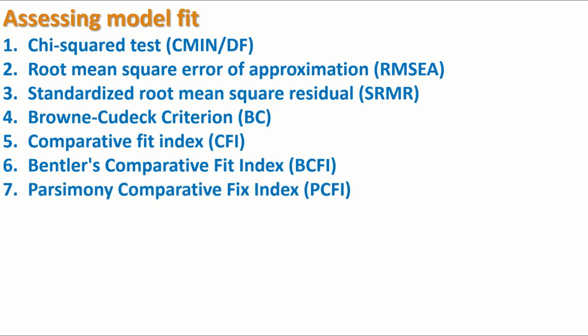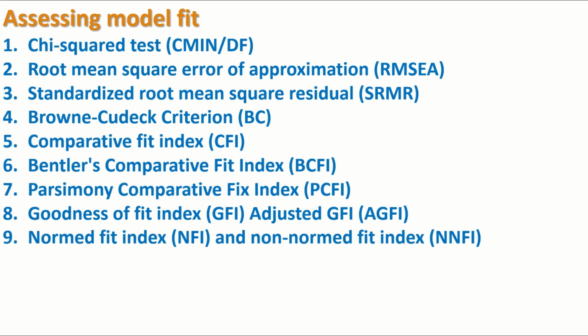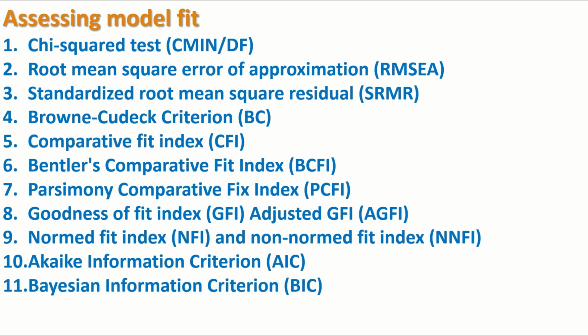And the seventh is the parsimony comparative fit index. The eighth is the goodness of fit index, GFI, and adjusted GFI. The ninth is the normed fit index, NFI, and non-normed fit index. The tenth is the Akaike information criterion, AIC. The eleventh is the Bayesian information criterion, BIC.